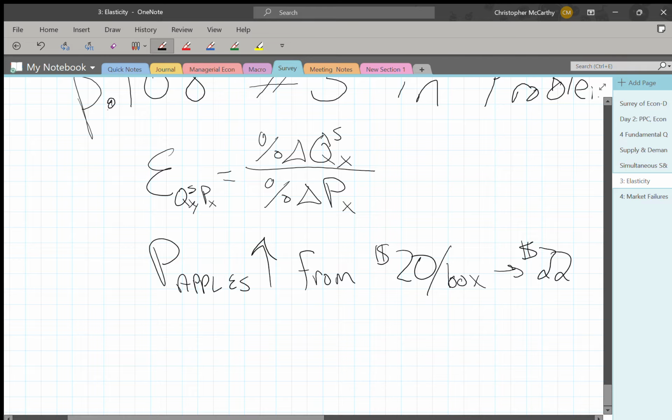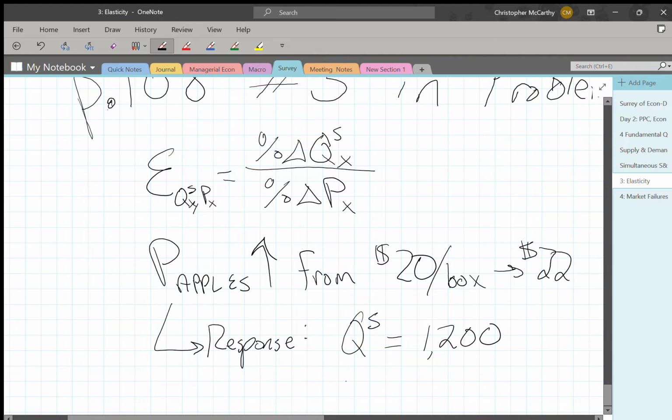In a direct response, Goldsboro Farms supplies 1,200 boxes of apples, and it used to be 1,000. So this is my quantity supplied new. This is my quantity supplied old.